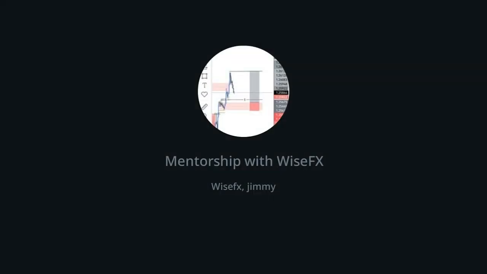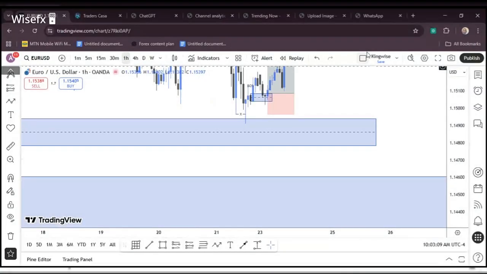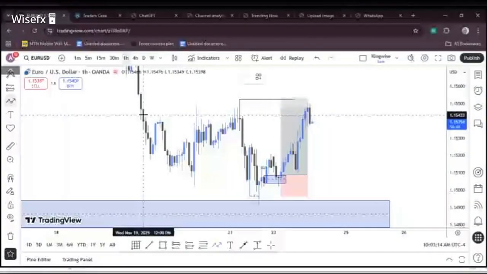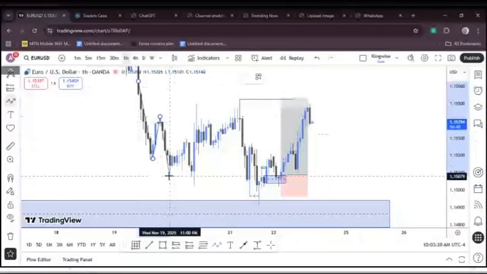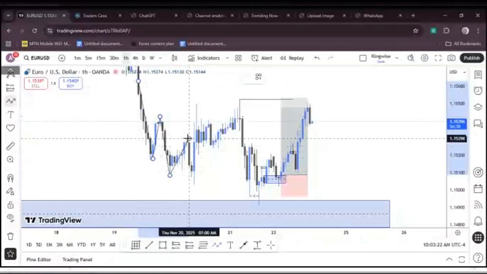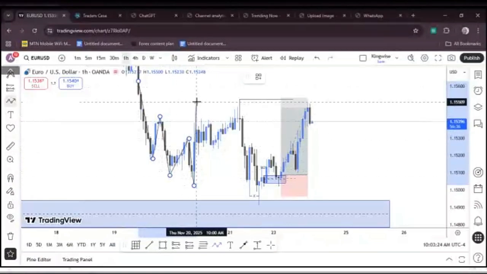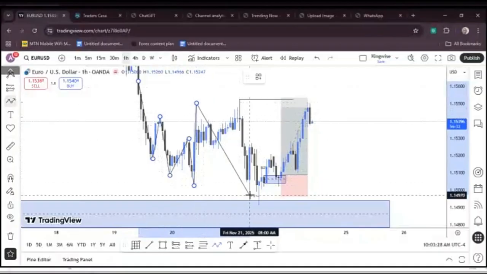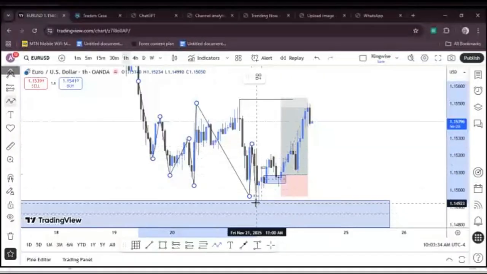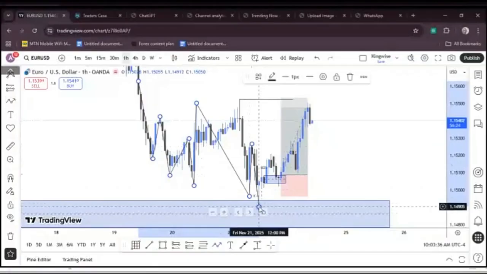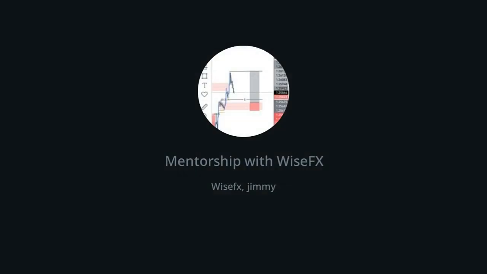The market was coming all the way down, came to this point, gave a lower high, lower low, lower high, lower low, and then took out all these highs and came back all the way down here, gave another lower low, and then swept it here to mitigate this demand zone.